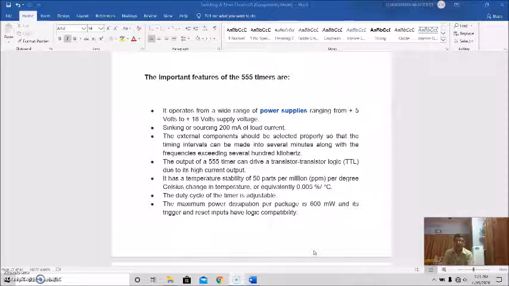And the duty cycle of the timer is adjustable. Next feature is maximum power dissipation per package is 600 milliwatt, and its trigger and reset inputs have logic compatibility.